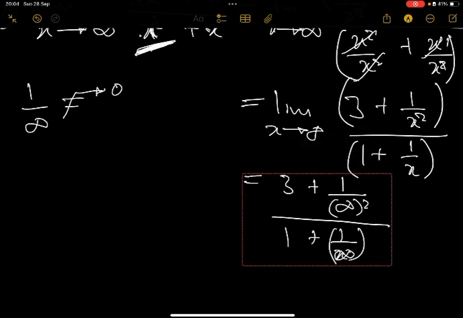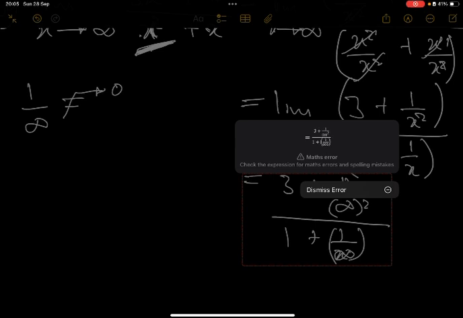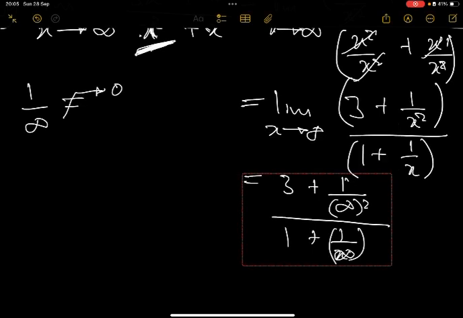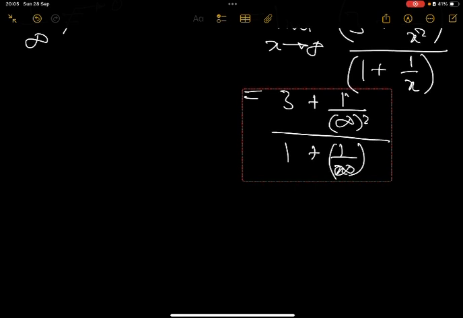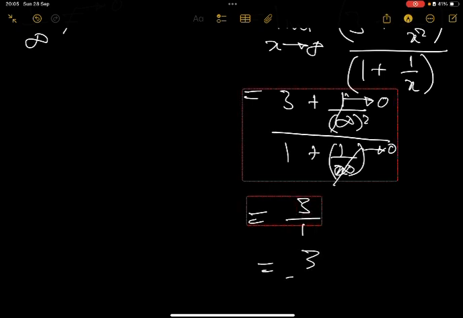These 1 over infinity and 1 over infinity squared converge to 0. So this one tends to 0, this one tends to 0. So we'll have 3 over 1, so our answer is 3, which is the limit L.